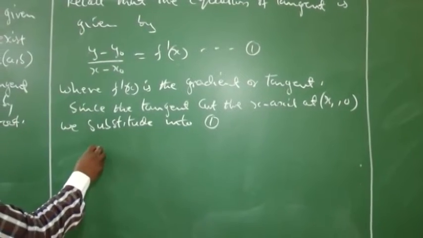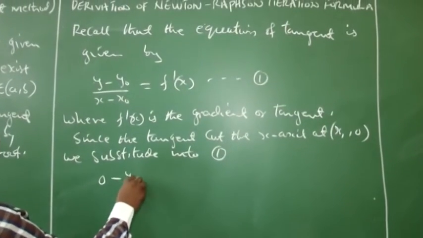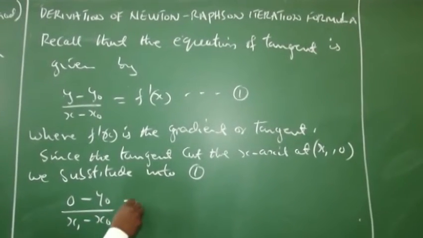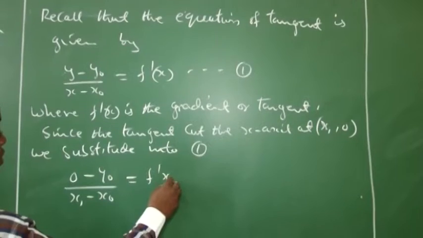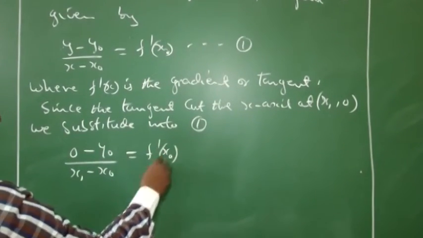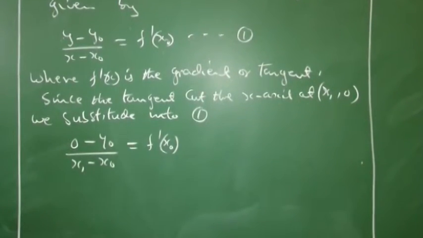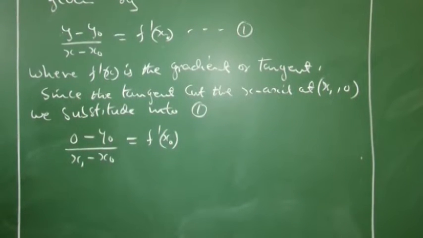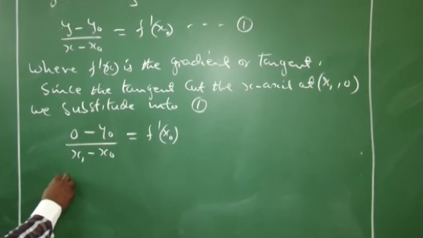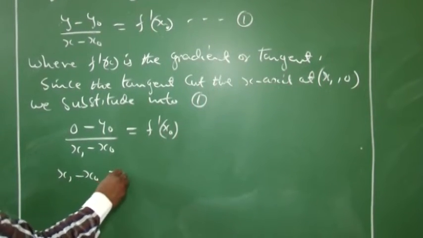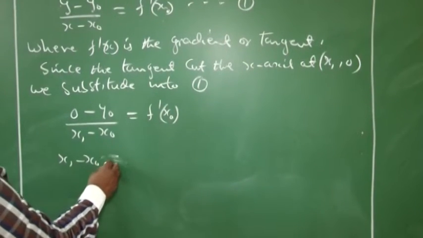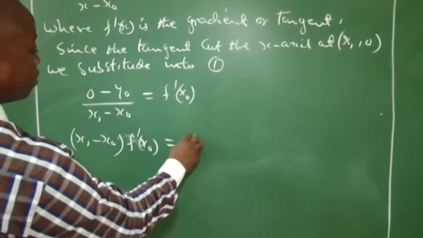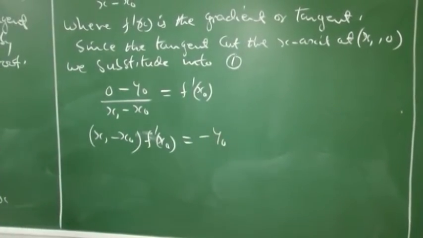If you substitute the coordinates, you have 0 minus y0 equals f prime of x0 times x1 minus x0. Okay. Now, by cross multiplication, we have x1 minus x0 times f prime of x0 equals minus y0.